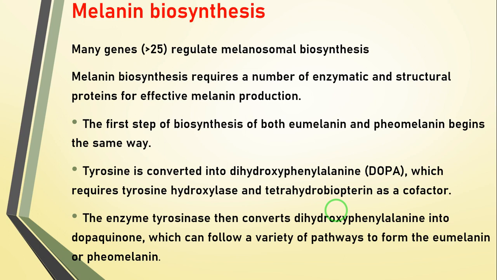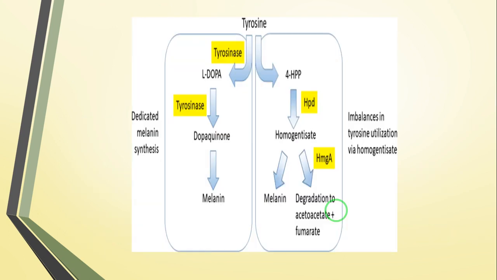After that, by the enzyme tyrosinase, the DOPA, dihydroxyphenylalanine, is converted to another compound, which is dopaquinone, and then by subsequent steps it will be converted either to eumelanin or to pheomelanin. This diagram shows that tyrosine is the first compound involved in melanin biosynthesis.